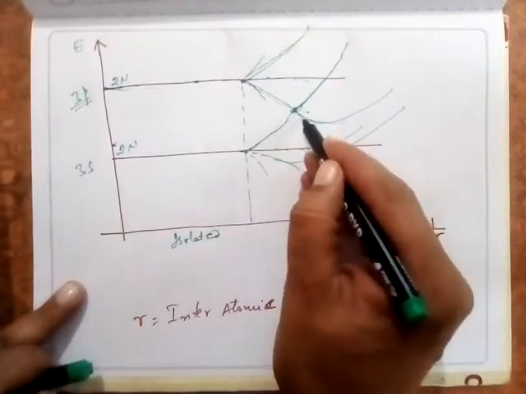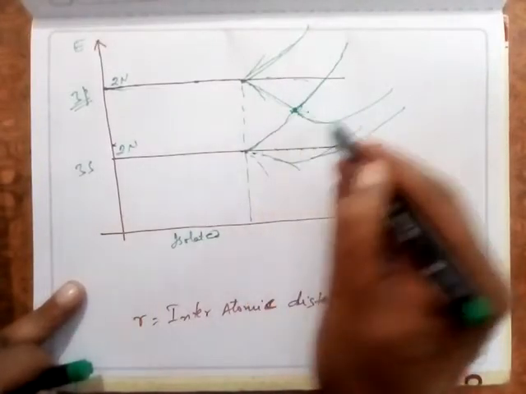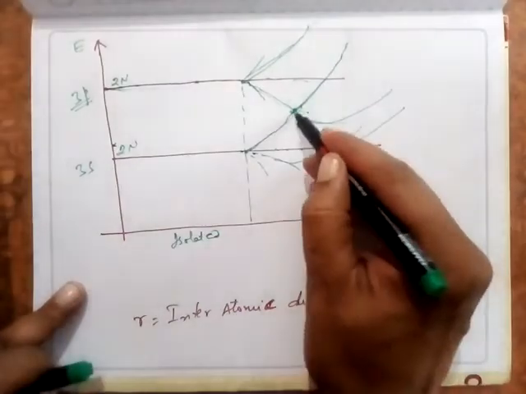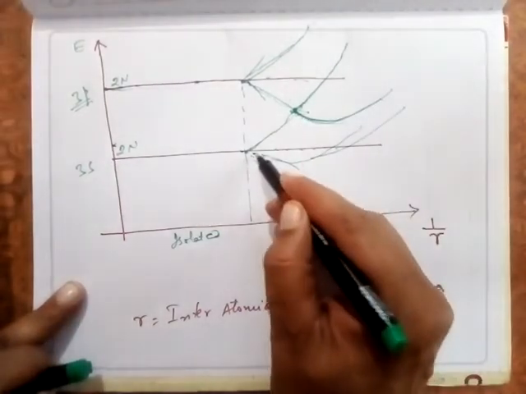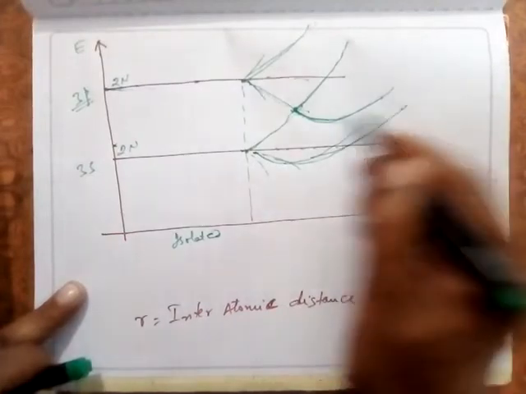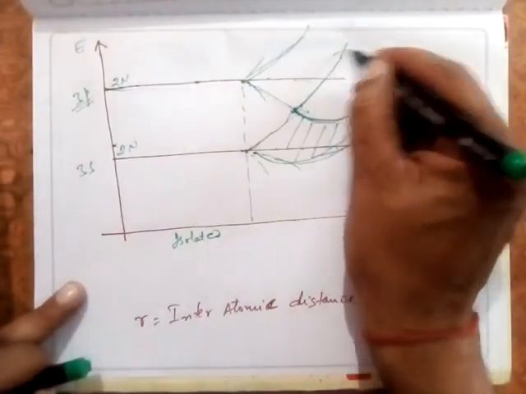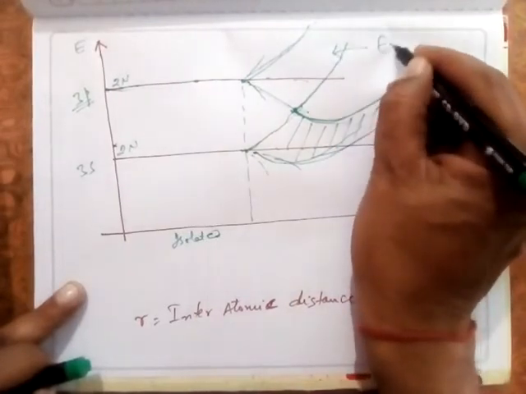Now what will happen? Naturally the energy of these electrons will decrease, and they will come to this particular energy band, and this is called the filled energy band. It has been filled, and this becomes empty.